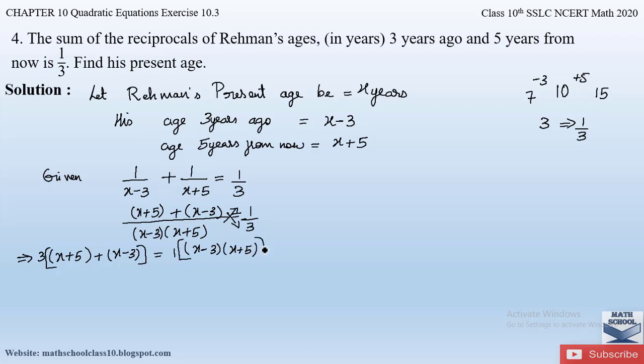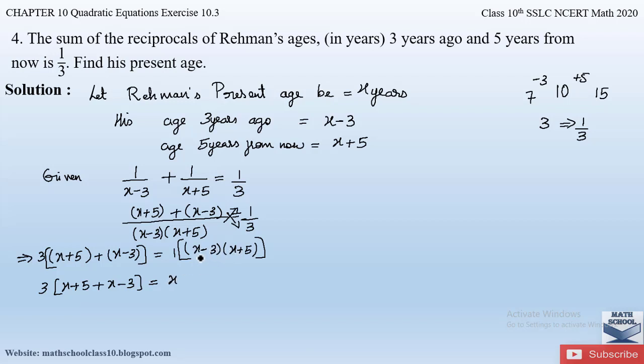Again this whole bracket should be multiplied by 1. So first of all, let us open the brackets. 3 into x plus 5 plus x, plus into minus will be minus 3, is equal to, since we have to multiply with 1, first let us open the brackets inside here.